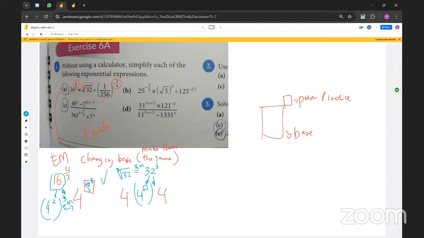I hope you're not pressing 32 cube root. That's not what I mean. You shouldn't press the calculator for 32 cube root. You're changing 32 into 4 power something.